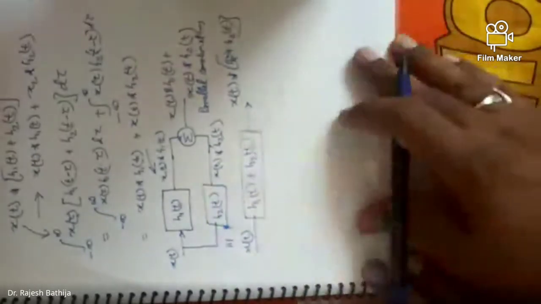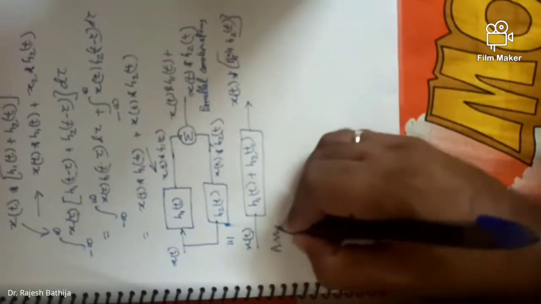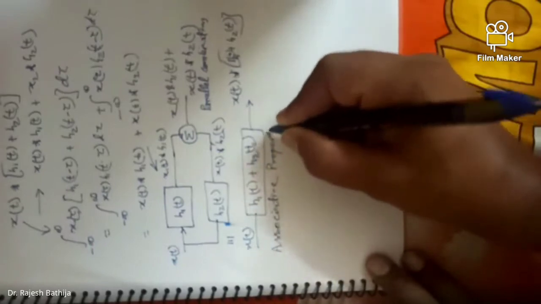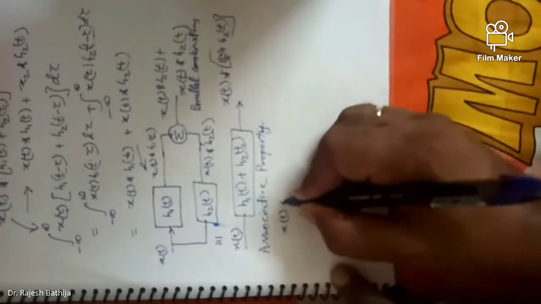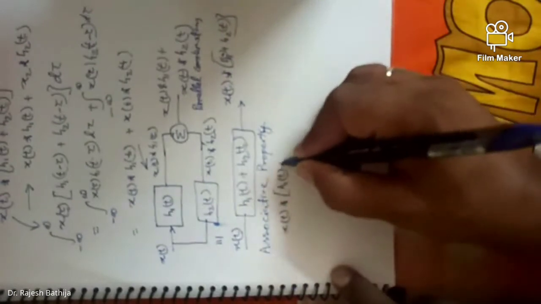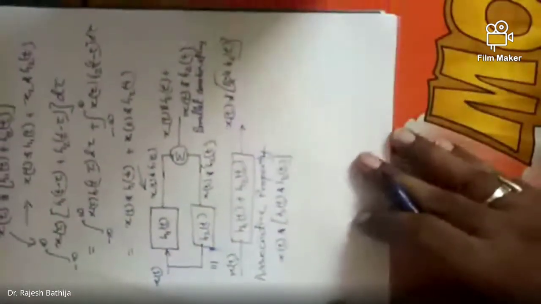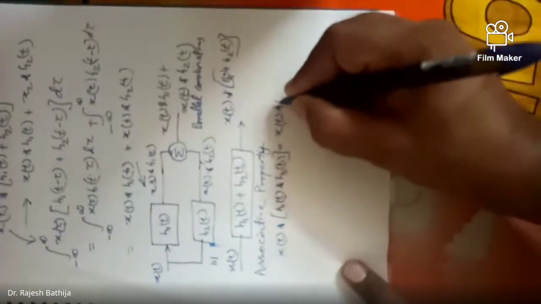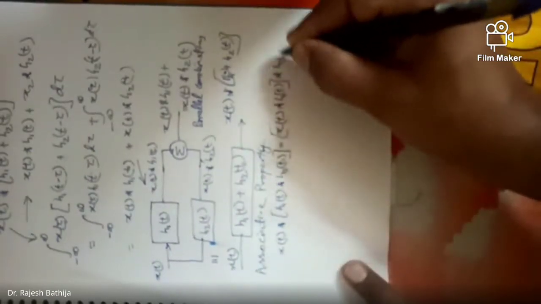Now, this is about the distributive property. Next is the associative property. The associative property says that if we have x of t convolved with h1(t), and this is then convolved with h2(t), then we can write it like this: x of t convolved with h1(t) first, and then the result is convolved with h2(t).